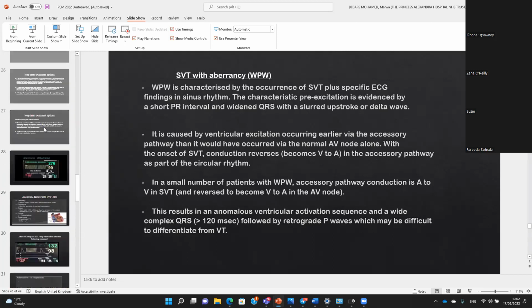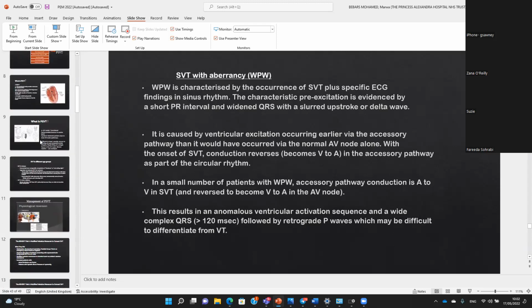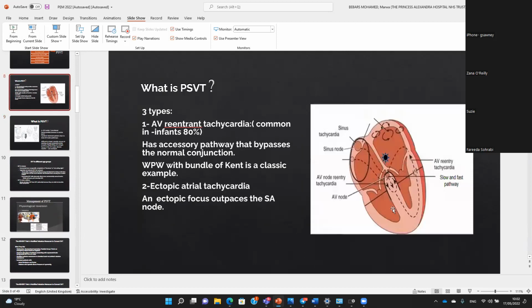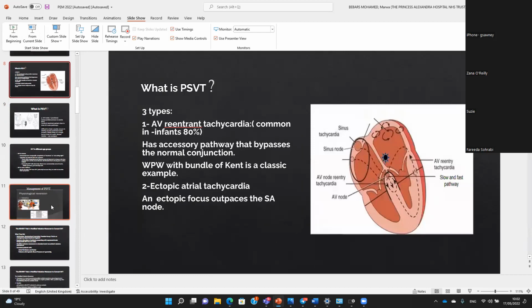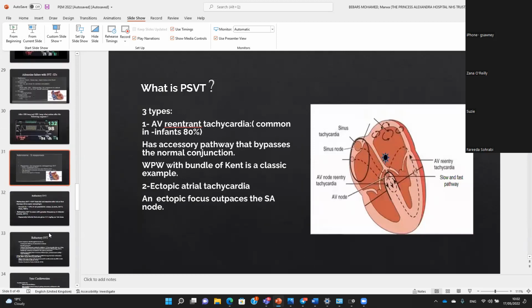So I will return back to the first one here. If there is any accessory pathway, it will return from ventricle to atrium, and this will give you the antidromic conduction, which will give you the wide QRS complex.